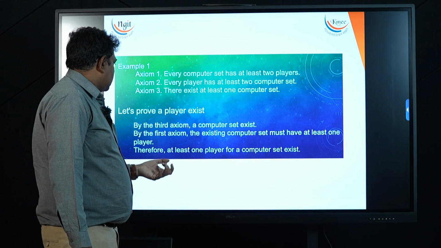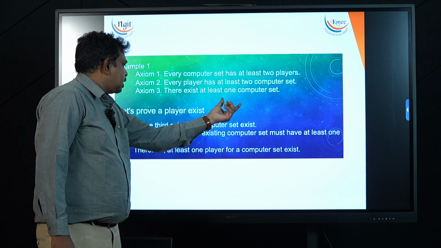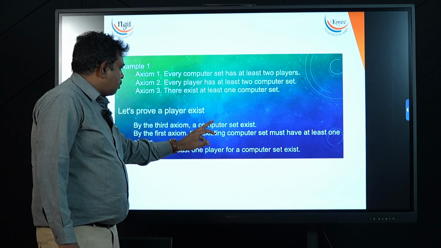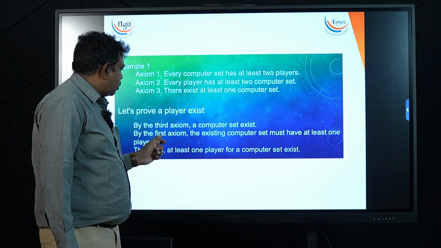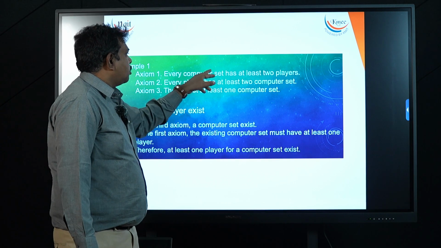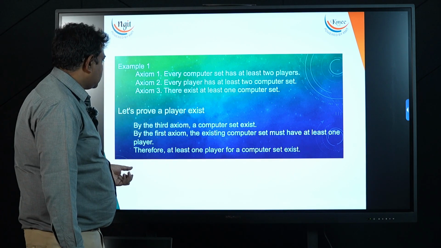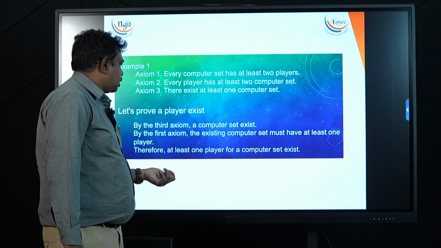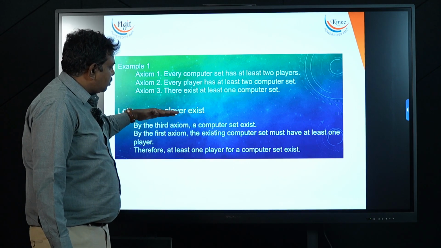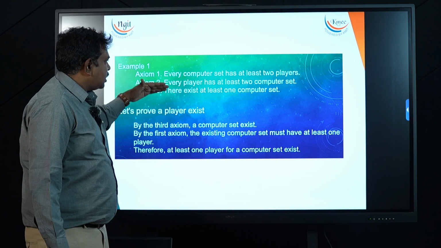The third axiom is saying that a computer set exists. Taking this as input, using the first axiom I can say that when a computer set exists, every computer set has at least 2 players, that means there is at least 1 player, so a player exists in the system. That is what I proved from these axioms.